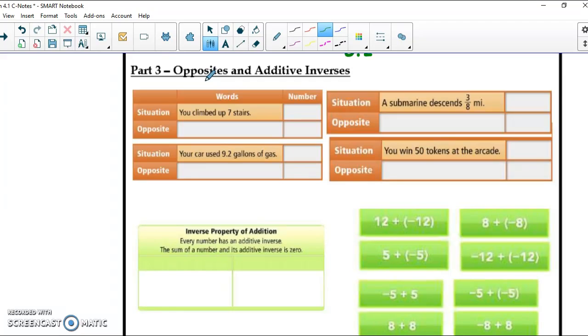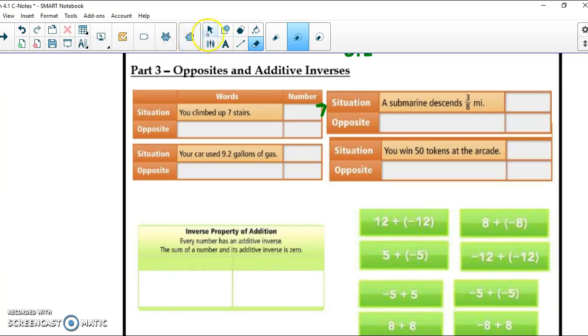So let's look at some real-life examples of positive and negative numbers. So we're going to look at some situations in words and in numbers and then look at their opposite. So the situation is you climbed up 7 stairs. The word up is my clue word to tell me that as a number, climbing up 7 stairs would be like a +7. And we all know that if I just write a 7 without the plus sign, that's the same thing as a +7.